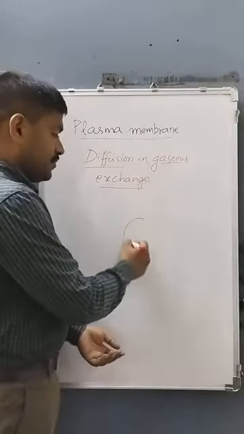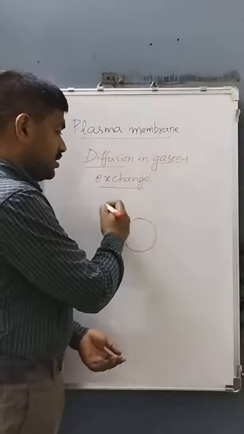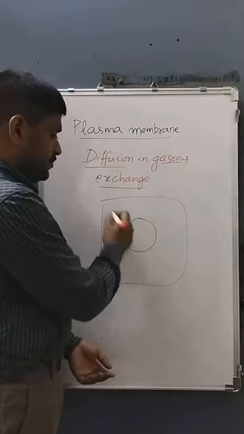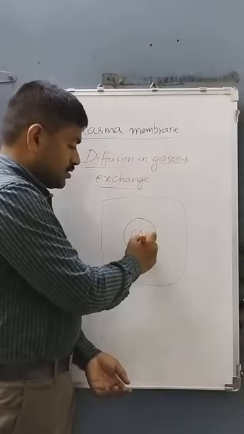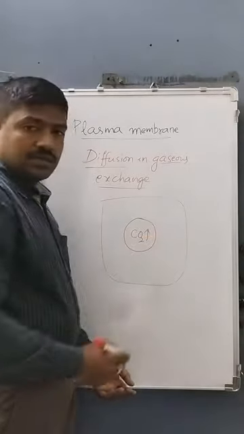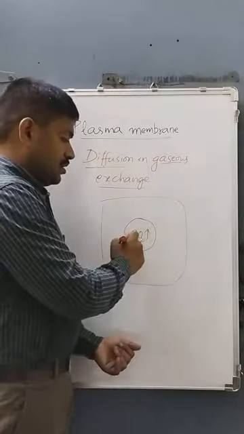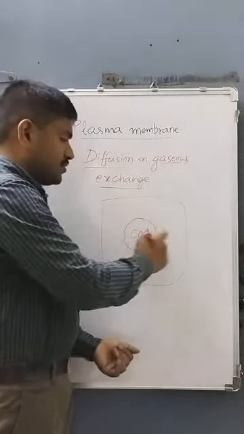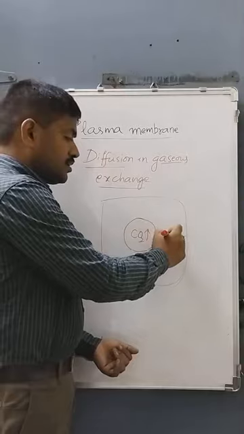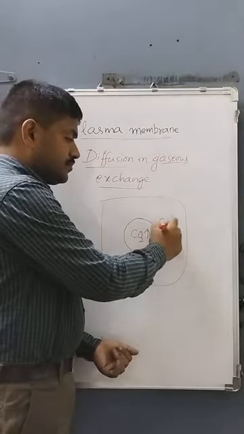If this is the cell and this is the external environment, by continuous cellular respiration, the CO2 concentration is increased inside the cell, and outside the cell, in the external environment, the CO2 concentration remains the same.